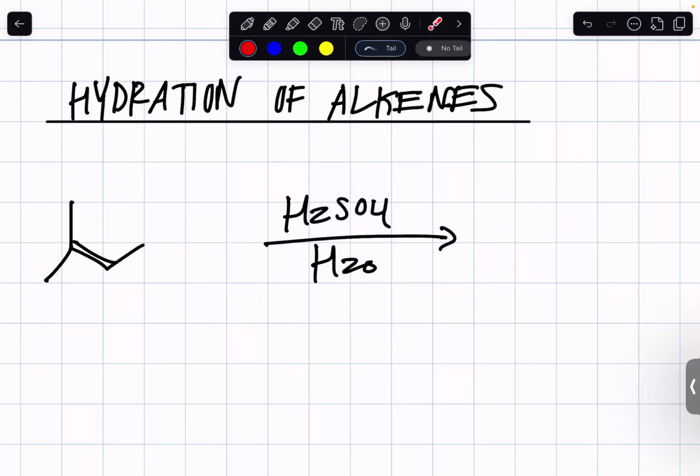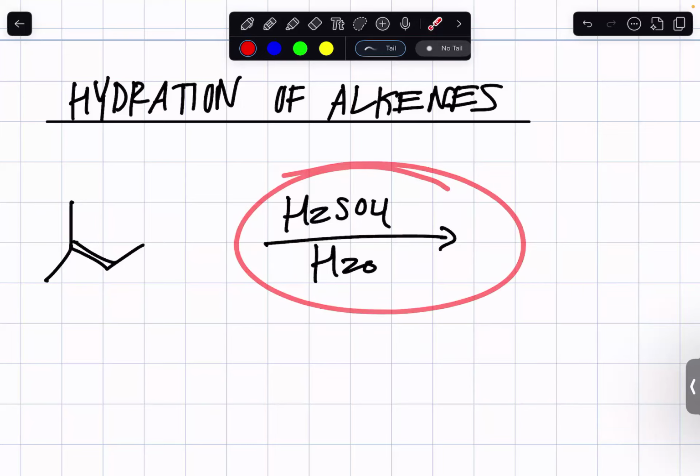So this alkene has a more substituted side, which is this side, and a less substituted side, which is this side. And what do we say alkenes are in Ochem? Because of this double bond, there are a lot of electrons, and because there are a lot of electrons there, they could be a nucleophile or base, right? What do you think that would do with these reagents here?